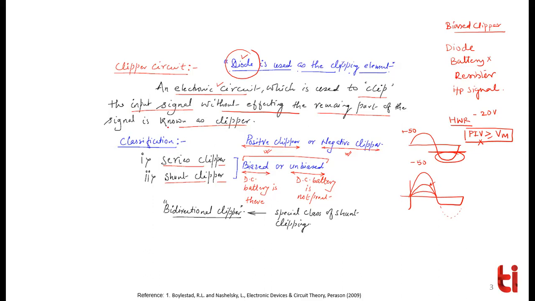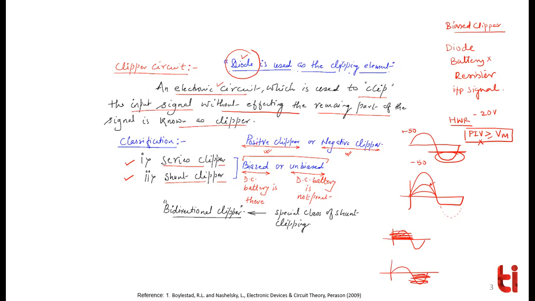Now clipper circuits are classified in different ways. Number one, series clipper and shunt clipper. Then positive clipper or negative clipper. If it clips the positive portion, we call it a positive clipper; if it clips the negative portion, we call it a negative clipper.